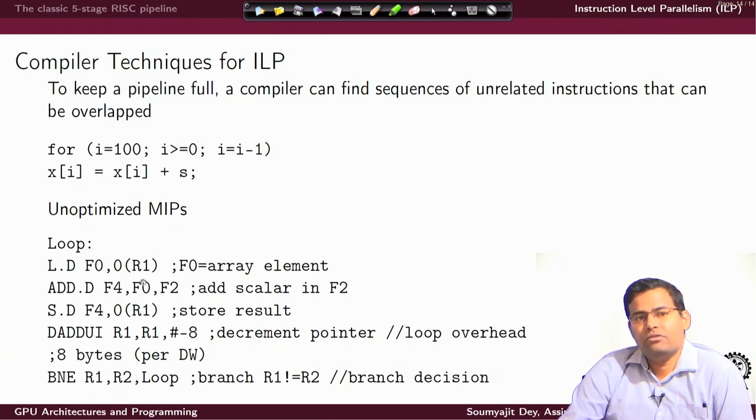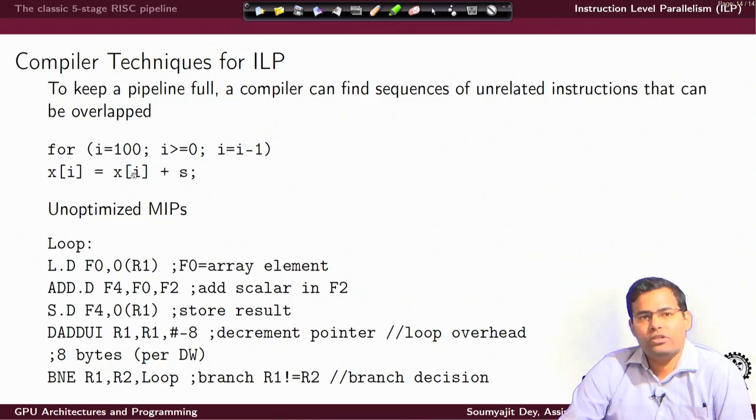That address with offset 0 gets loaded to the register F0. F2 is a register containing the scalar value, that is s. So you execute an add.d, add for double type values, and you store the content in register F4.